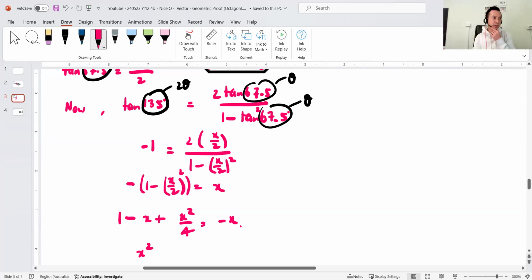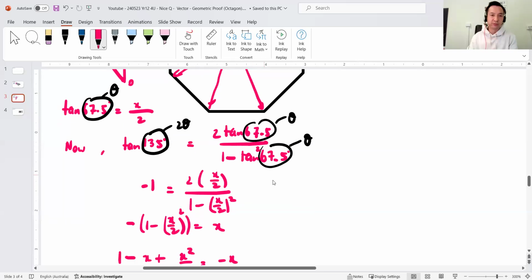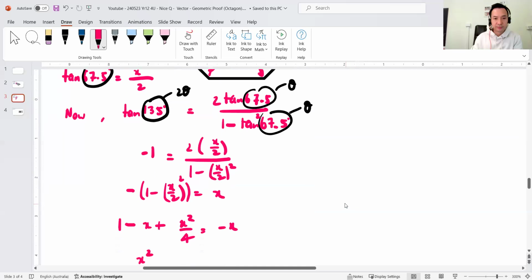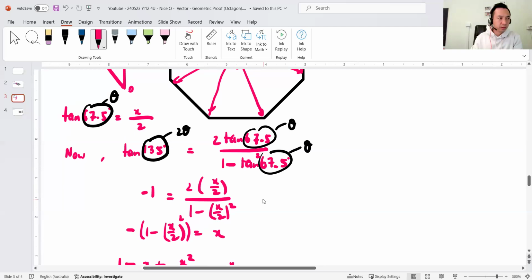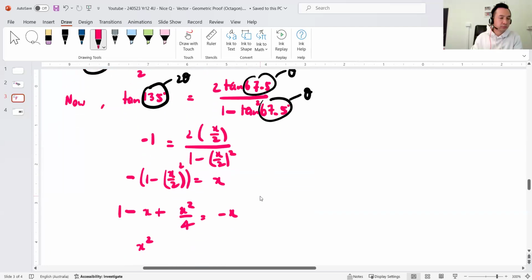Huh. Give me 1 second, I just want to figure out the algebra here. So 2 times tan of this guy, which is x on 2, over 1 minus this guy squared. Okay.